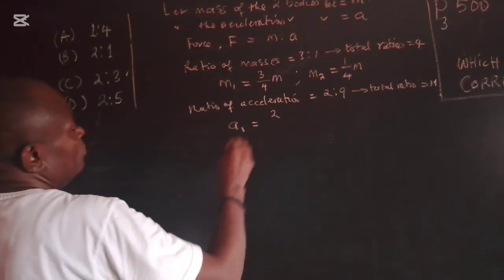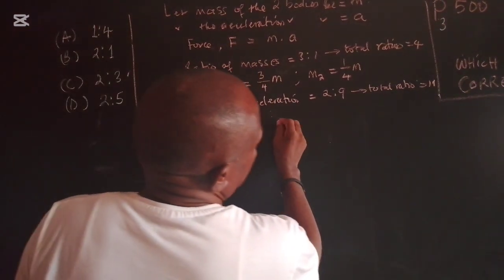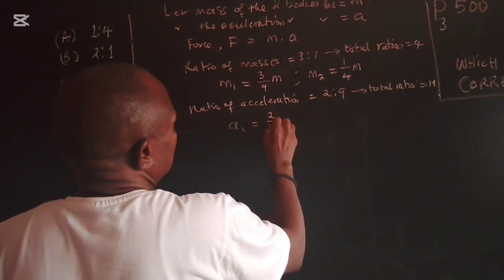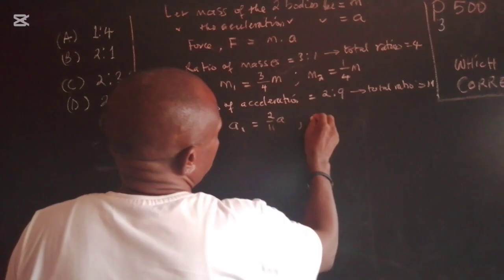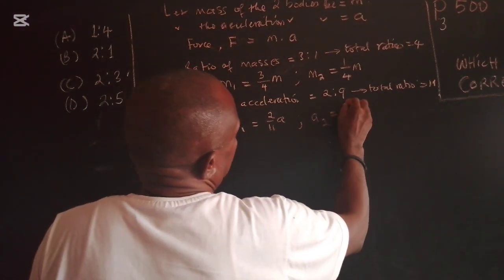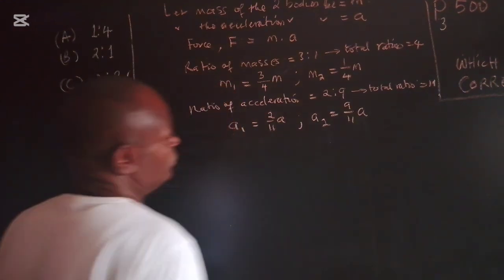So the acceleration of the first body will only be 2 over 11 of the acceleration of the bodies together. In the same way, the second body is 9 over 11 of the total acceleration.